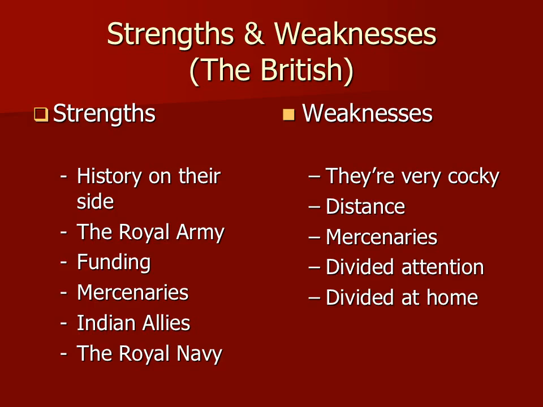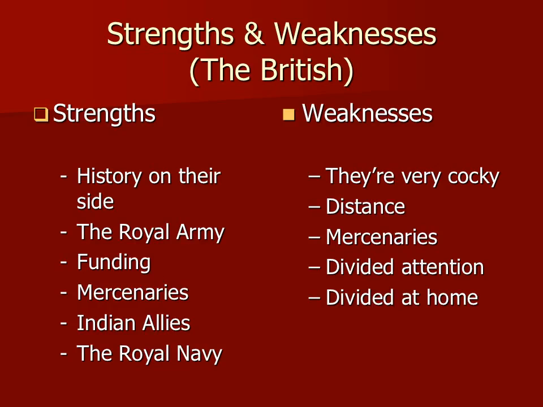And this was largely the result of things we've talked about already in this course. Not only do they have a very efficient form of taxation in Great Britain, but they also have access to credit. And so when they're going to wage this war, they're going to have access to a lot more money than the colonials, than the Americans will have. And so this is going to end up being a major strength for the British.